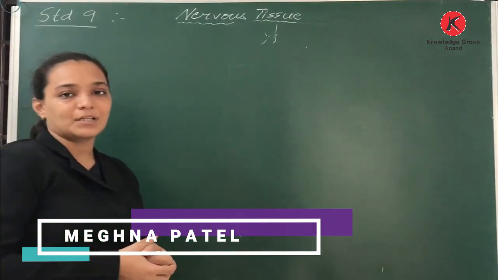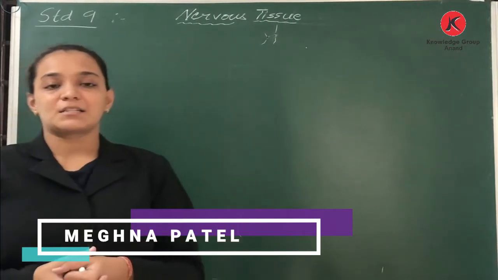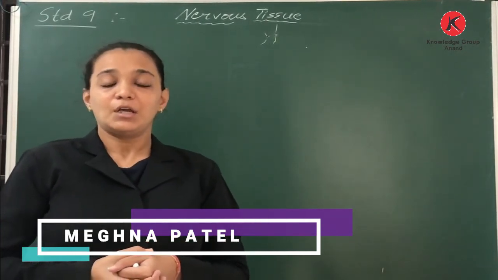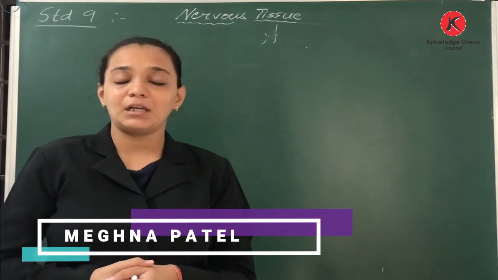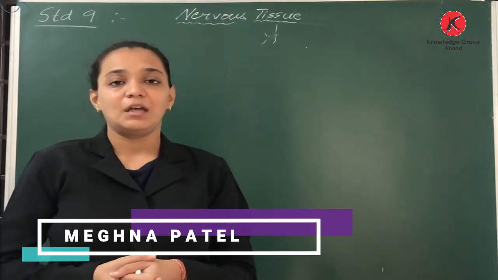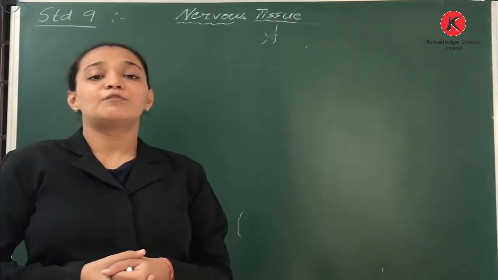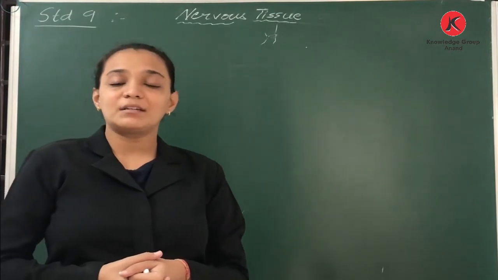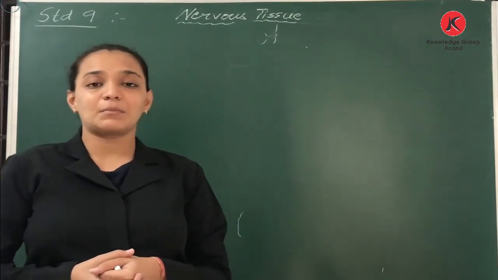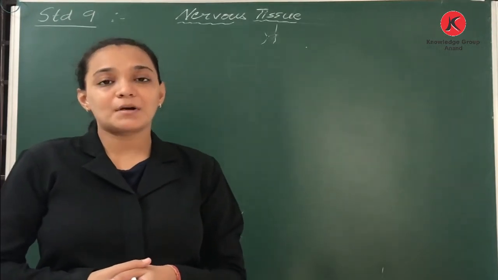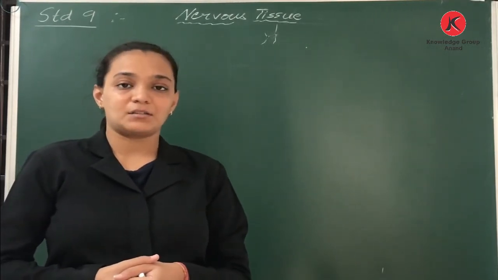Good morning, dear students. In the previous classes, we have discussed the various types of tissues. We have discussed epithelial tissue and its types, connective tissue and its types, and we have also discussed the muscular tissue, which includes the voluntary and involuntary muscles. That is skeletal muscles, smooth muscles and cardiac muscles.